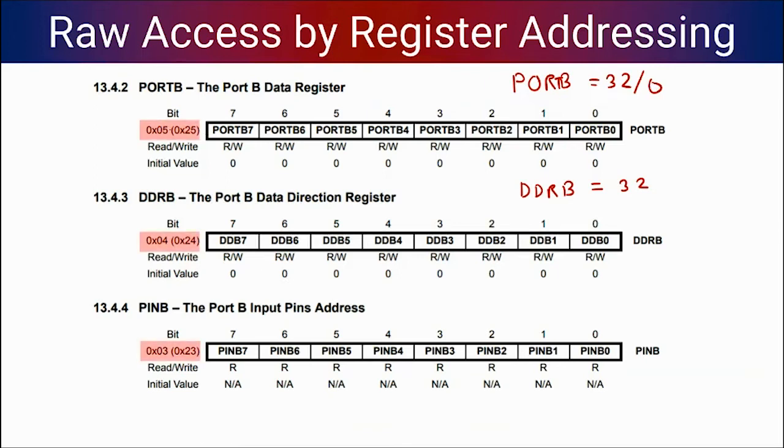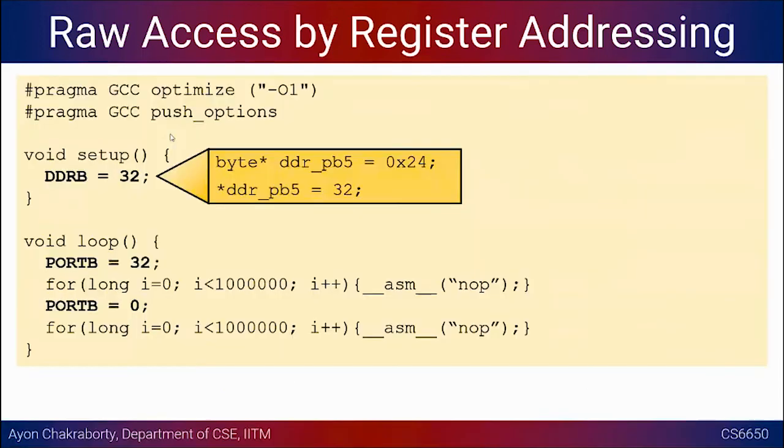There are two addresses, somehow, and we are going to see that later. It's a strange reason why there are two addresses for the same register. It does actually address the same register, but somehow there are two addresses, 0x05 and 0x25. It should have only one address. We'll see why.